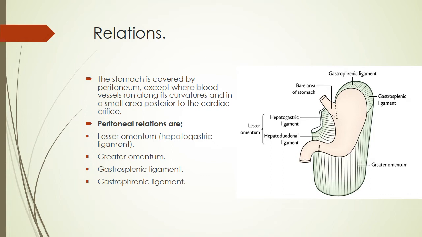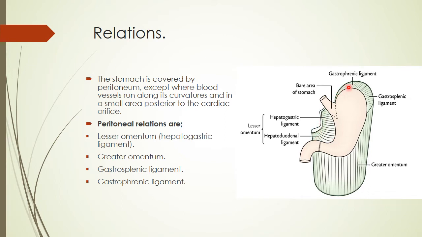The peritoneal ligaments related to the stomach you have studied in detail in the previous class. Along the lesser curvature, the attached double layer of ligament is called lesser omentum, and the specific part between the stomach and liver is called hepatogastric ligament.